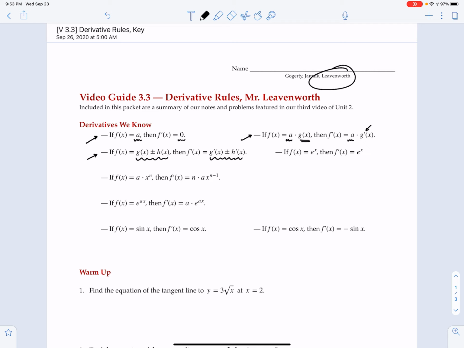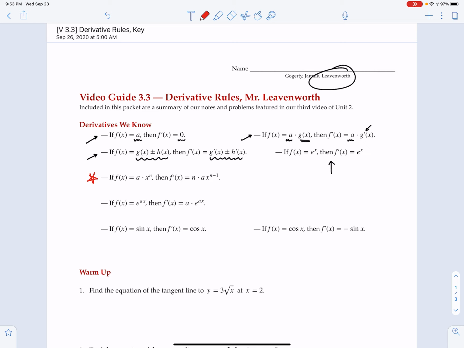That's going to come in our next video, 3.4, when we talk about those specific rules. The rule with e to the x is just kind of fun and interesting, and the rule we are going to spend most of our time talking about today is this one right here, where we say the derivative of a power function, x to the fifth, 4x to the third, negative 9x to the 57th power.